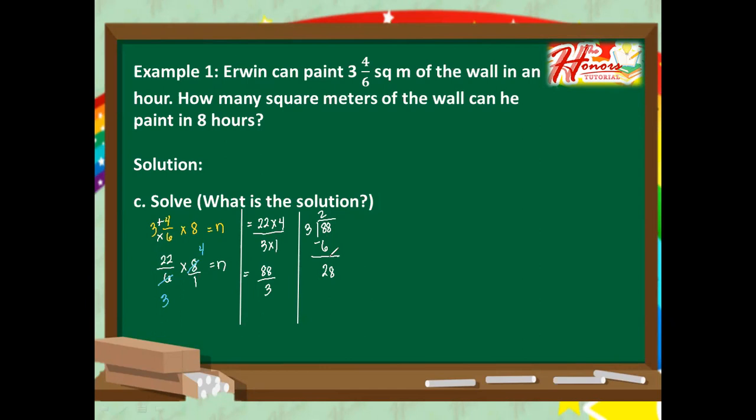So 28 divided by 3, that's 9. Because 9 times 3 is 27. 28 minus 27 is 1. So therefore, when we change this into a mixed number, then it will become 29 and 1 over 3. So this is the final answer, or n.